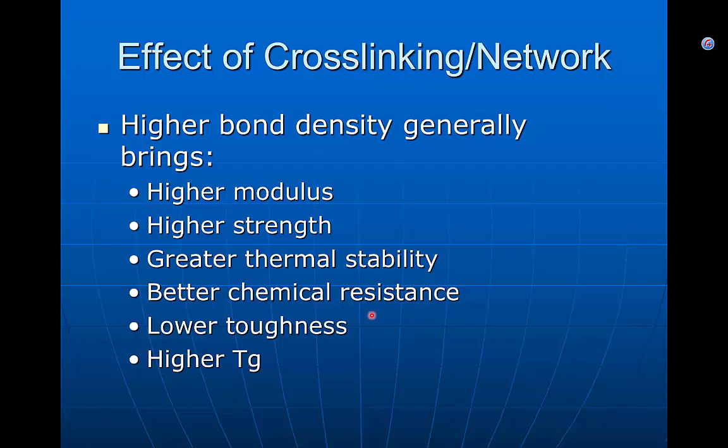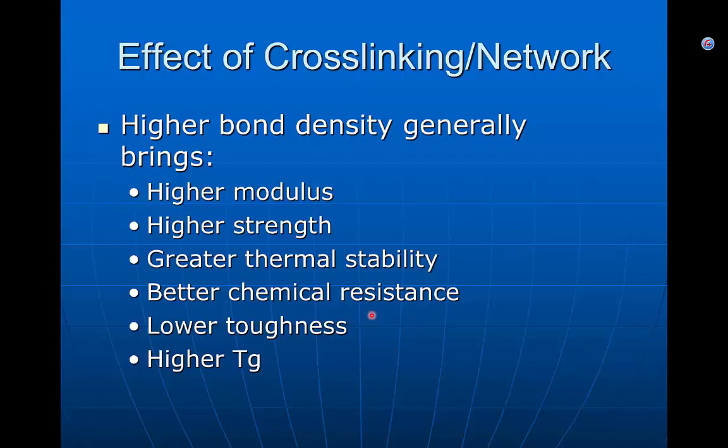They're kind of protected by those primary bonds. Adding crosslinks will, however, lower toughness. And then finally, it's going to drive the glass transition temperature, or T sub G, higher. It's going to make the TG go to higher temperatures.